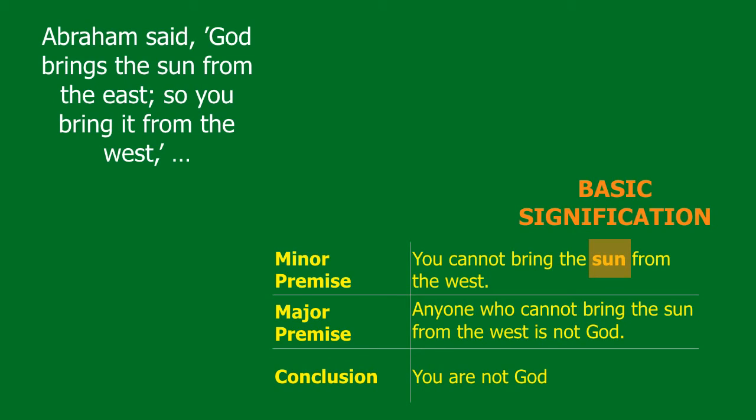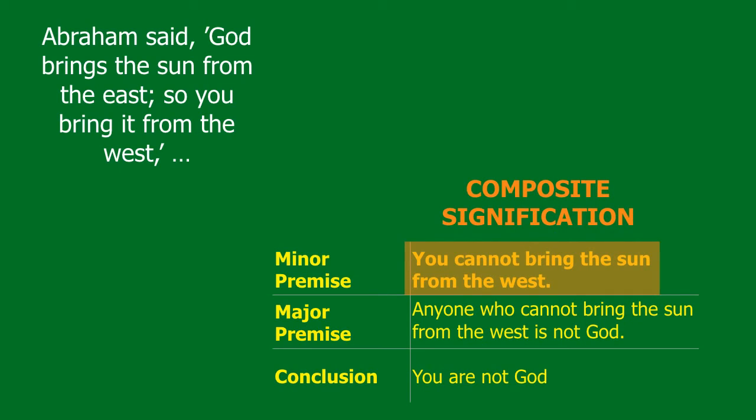In order to understand why this kind of signification is called basic signification, let's look at the sentence as a whole. The sentence as a whole has composite signification. The sentence conveys a mental meaning, a mental concept, or a series of mental concepts in a composite way, because it is composed of the basic significations of the individual words in the sentence, all brought together in a meaningful way that we call composition.